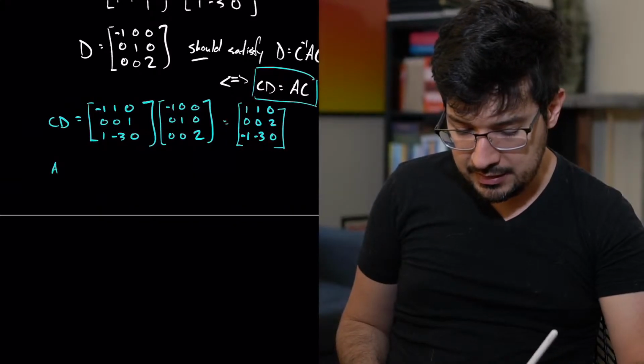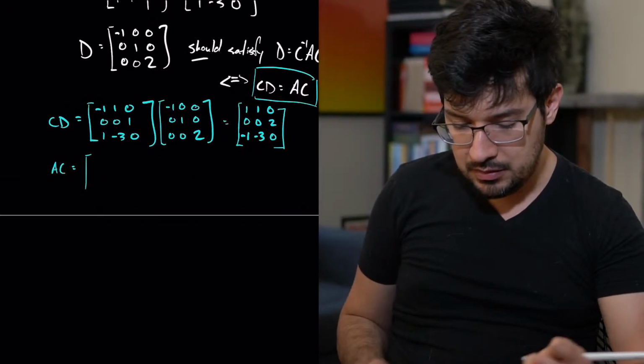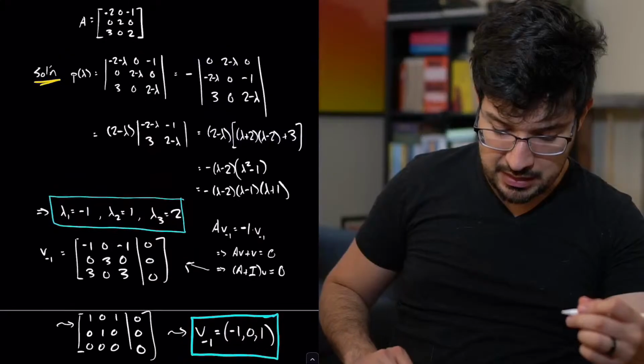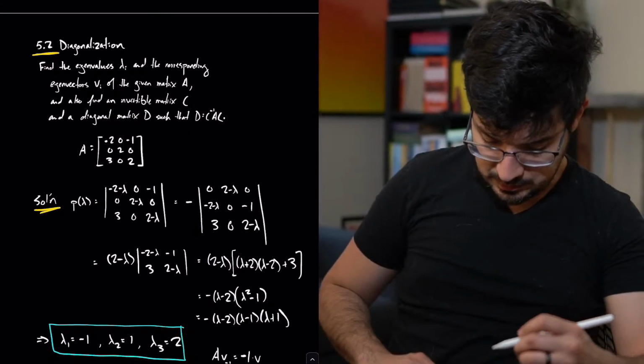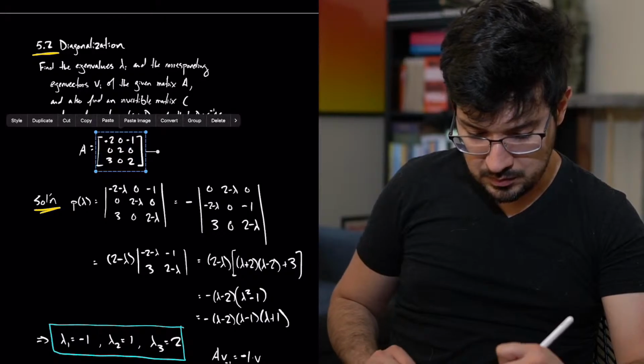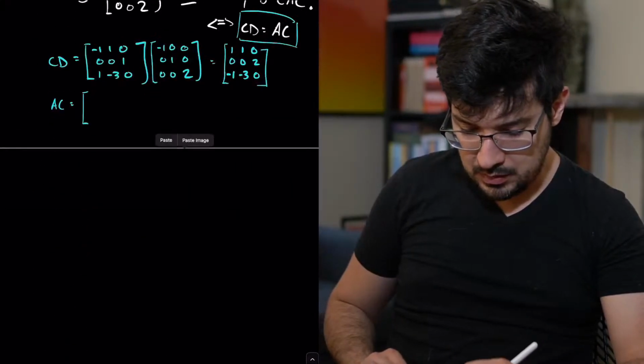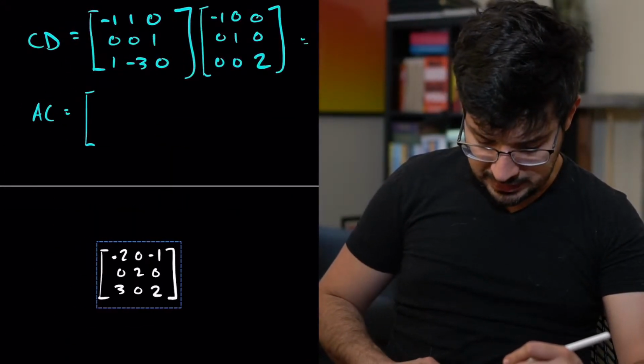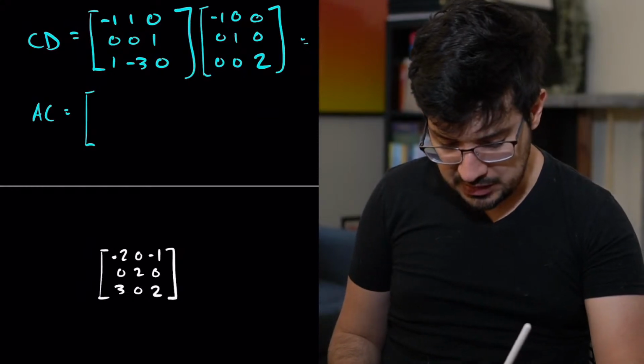And now A times C, I have to remind myself what A is. I'm going to copy it here, but I still want it in blue because I'm a little OCD about that.